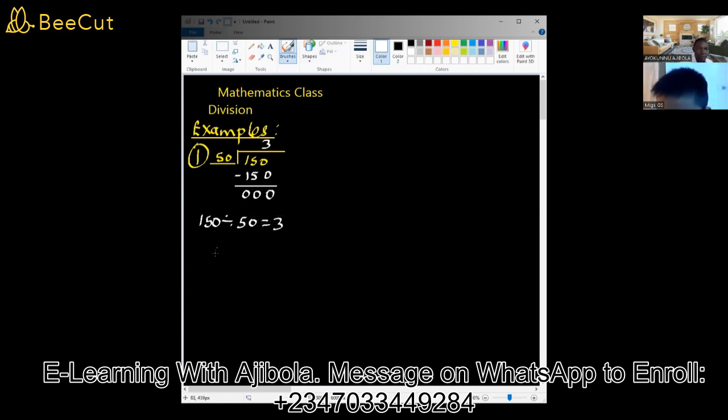And another way to do this, 150 divided by 50 can be done in this way. So 150 over 50. If you say 150 over 50, you say 0 cancels 0, okay?